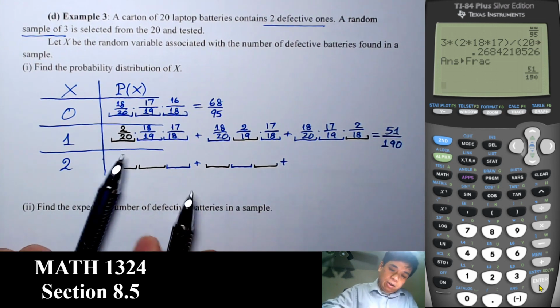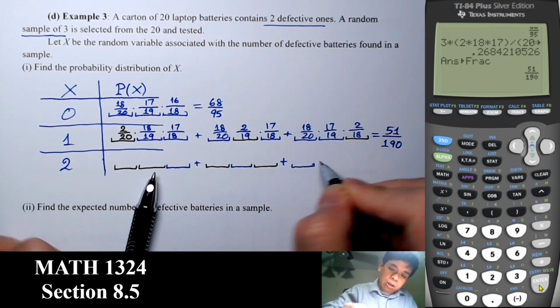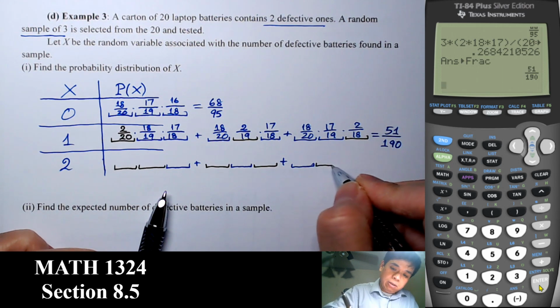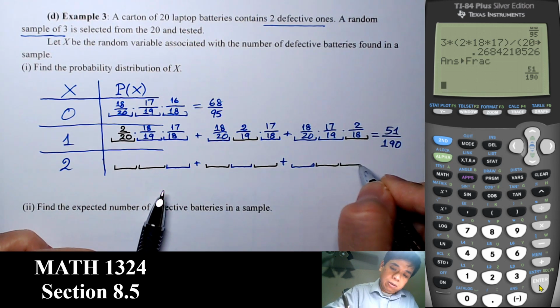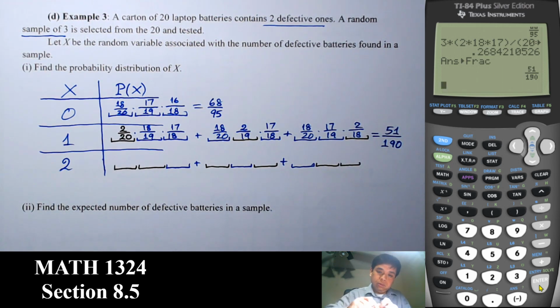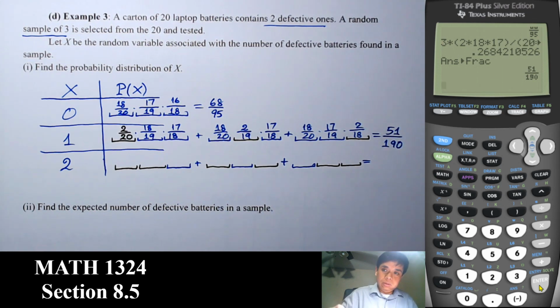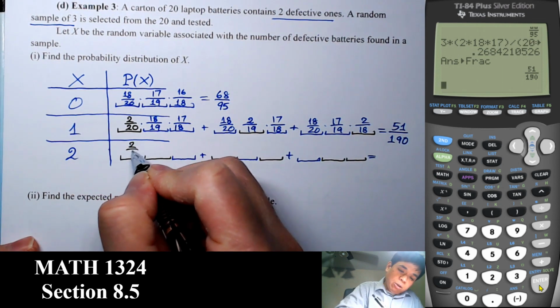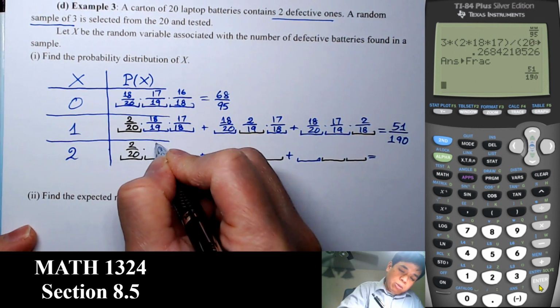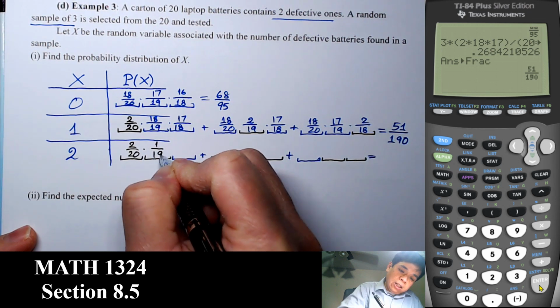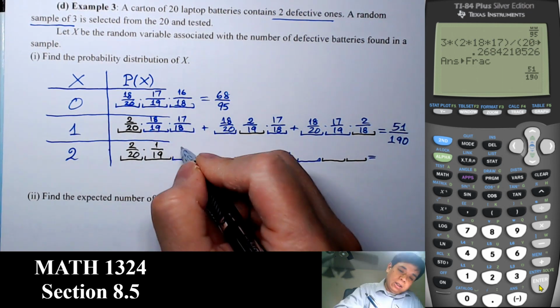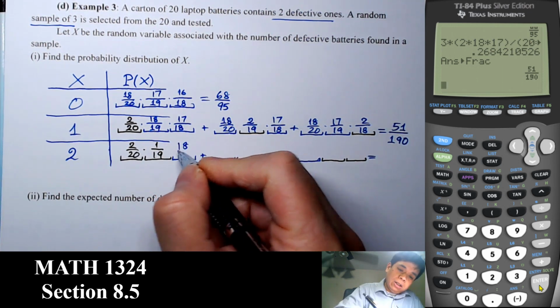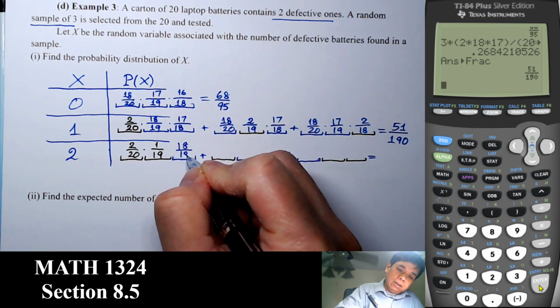And then the first one is good, but the last 2 are defective. Right, so there are 2 defective out of 20. The next will be 1 out of 19. And then how many good ones? 18 good ones out of 18.